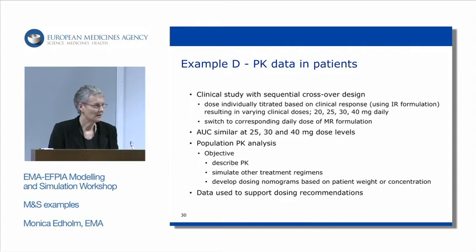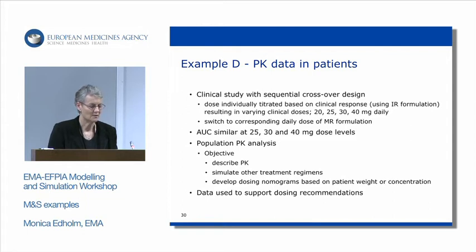And after evaluating the PK for the immediate release formulation at these different dose levels, there was a switch to the corresponding daily dose for the modified release formulation, and thereafter a pharmacokinetic evaluation. And it turned out that the AUC was similar at the 25, 30, and 40 milligram dose levels.